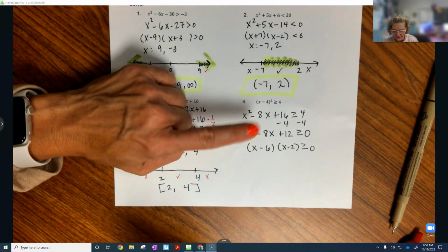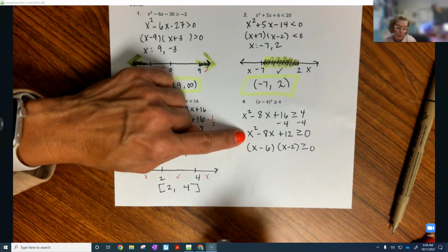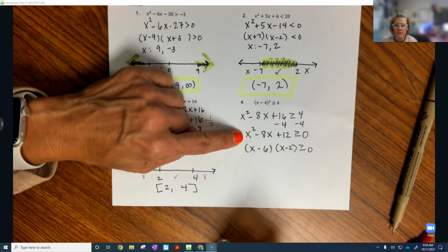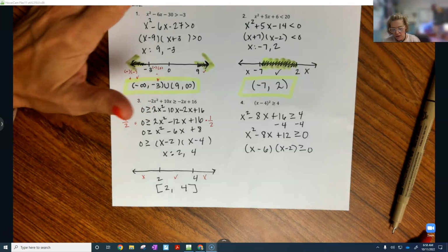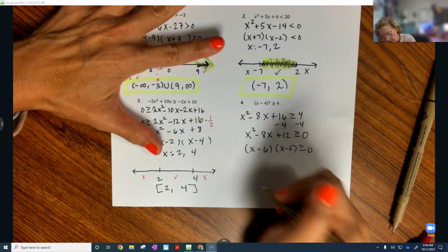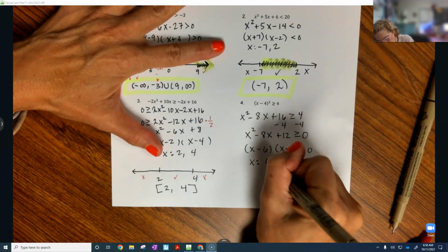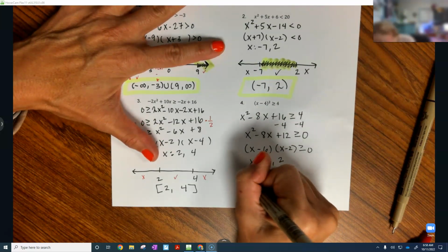And then just a reminder, guys, the inequality is open towards my problem, so it should be an or statement with the two sections at the end of each arrow that would make the inequality true. All right, so x is going to equal a positive 6 and a 2.